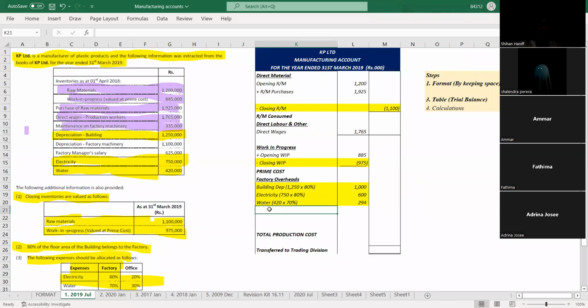So that comes here. Factory overheads. 335. Maintenance on factory machine. Depreciation, also overhead. 1100. Salary for the factory manager. Factory manager salary. 625. Right, that's all. Very simple. That's all we have.